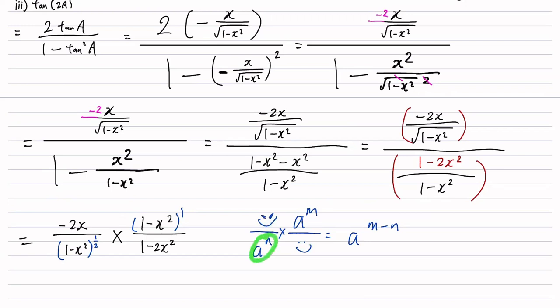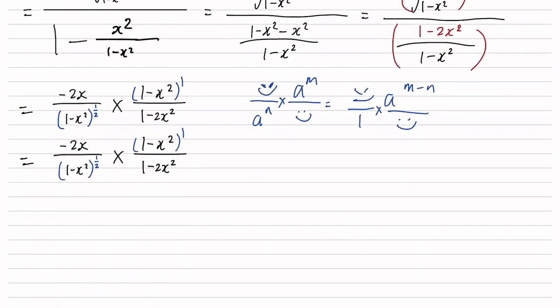The A power N in this case is 1 minus x squared power half. The A power M in this case is 1 minus x squared power 1. Right? That's why you can still combine them. So what I'm trying to say here is this and this will cancel off, half power and 1 power. You bring this half power on top, so it becomes 1 minus half. At the end of the day, you will obtain the following.